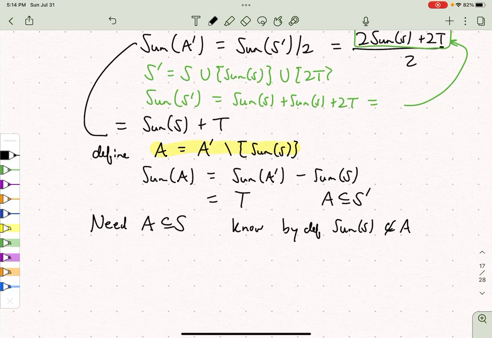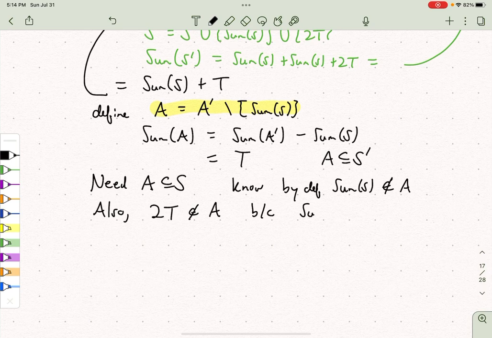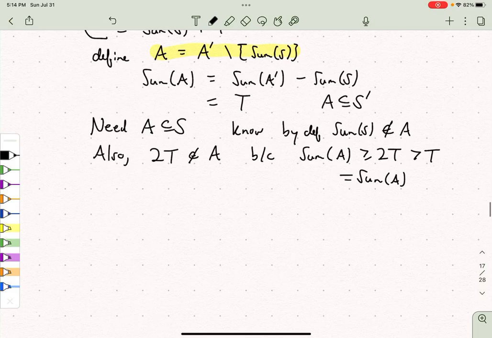So obviously sum of S can't be in there because we literally took it out. So could 2t be in there? Also 2t cannot be in A, because then the sum of A would be at least 2t, and that's greater than t, which we know is equal to the sum of A. So it's basically by contradiction.